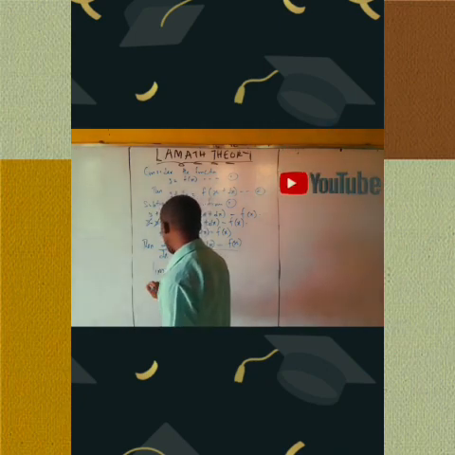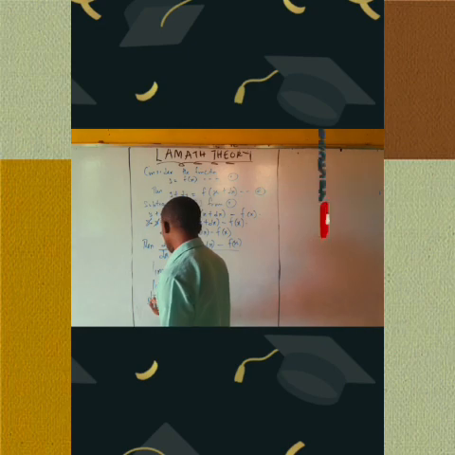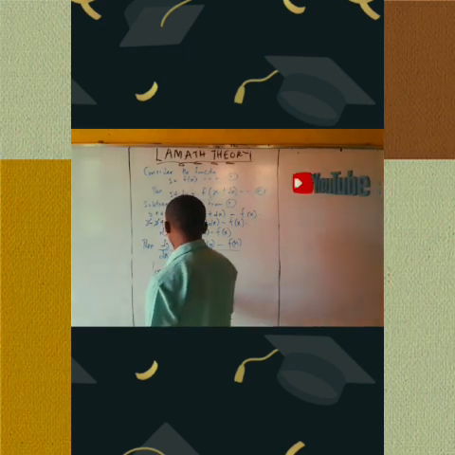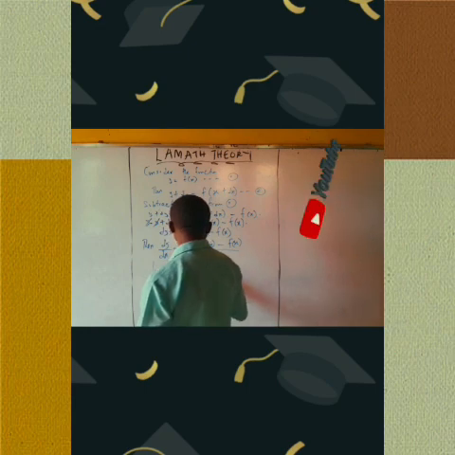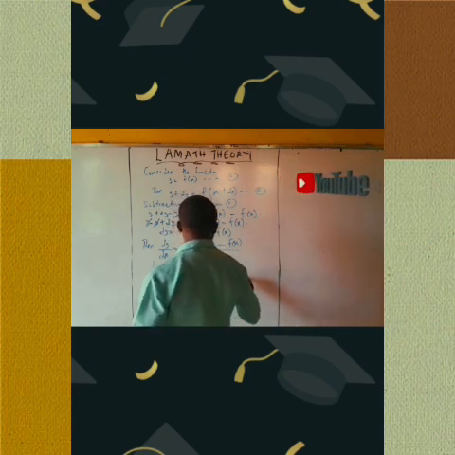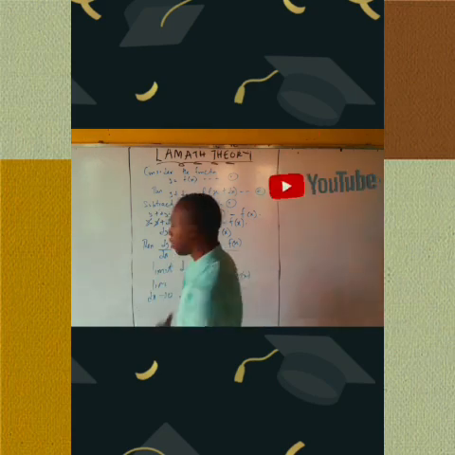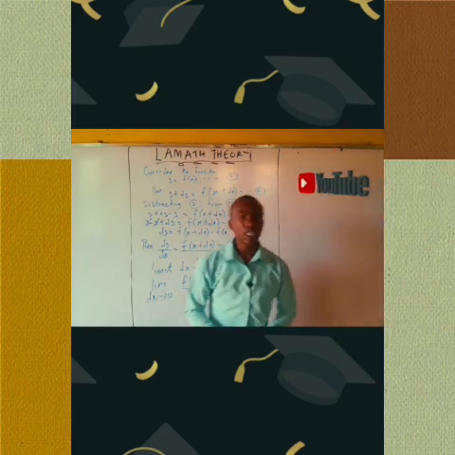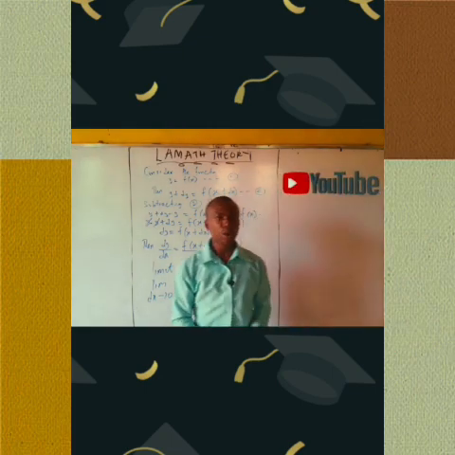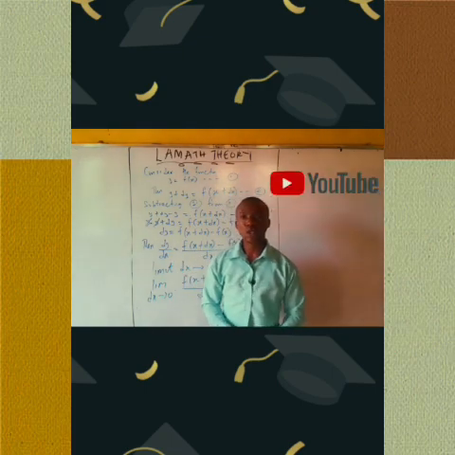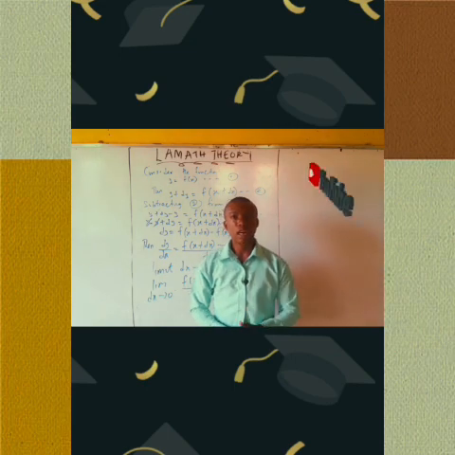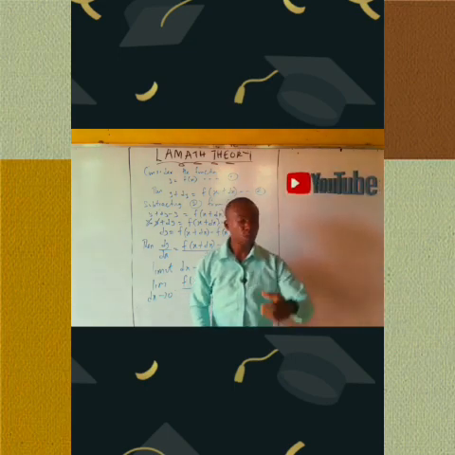So we now have the limit as dx tends to 0 of f of x plus dx minus f of x, divided by dx. Now this formula is what we are going to use to solve our question when we are asked to use first principle.